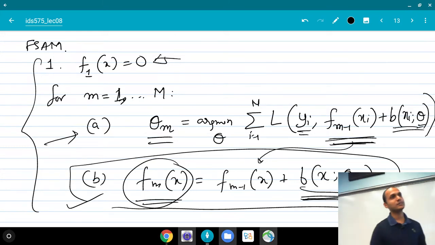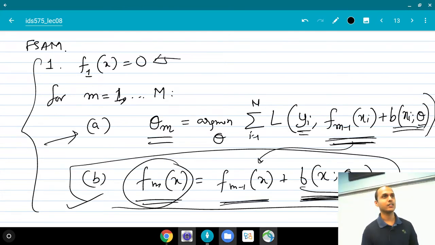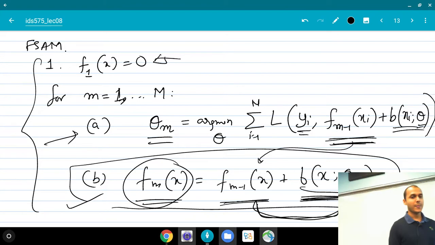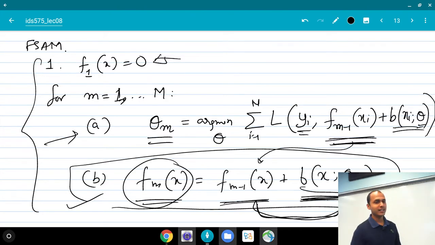Did you explain how you add two models together? It's just a summation. Adding two models together is this underlying part here.